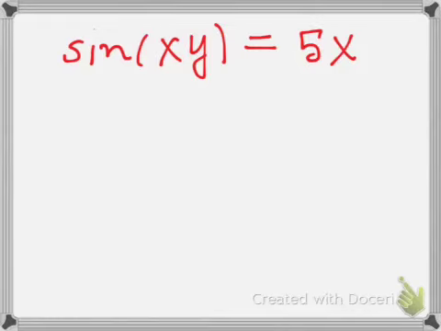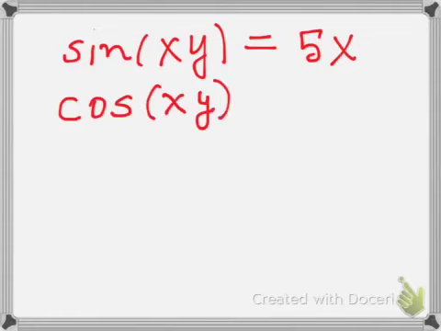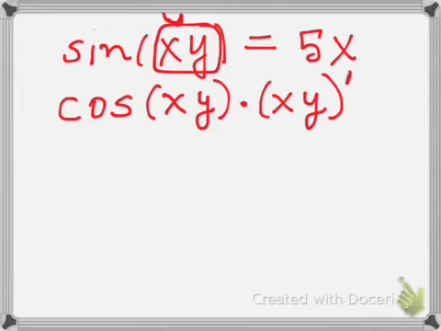The derivative of sine is cosine. Just read this as u right now. The derivative of sine u is cosine u, but then you have to multiply by u prime, so you multiply by (xy) prime. The right side is simple: the derivative of 5x is 5.